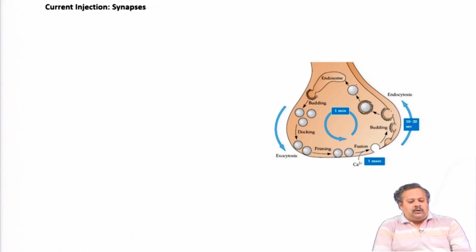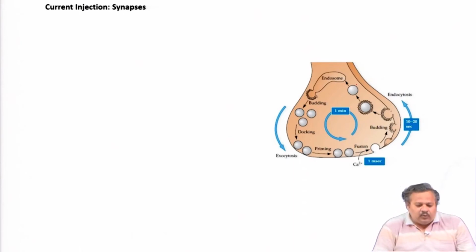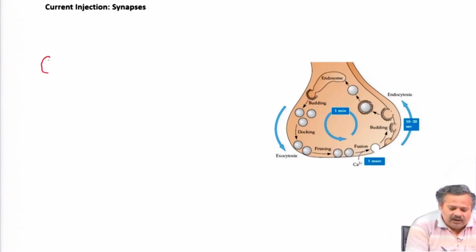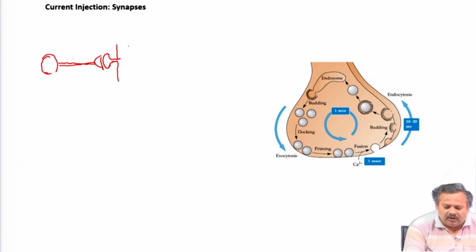Now, if we think of the synapses or the current injection, the way we will measure it is that if we have a presynaptic neuron, let us say, and this is the axon that is going and projecting onto the spine of the next postsynaptic neuron. This is an exaggerated drawing of the dendrite and the synapse, and this is the dendrite and the postsynaptic neuron whose axon is going out.